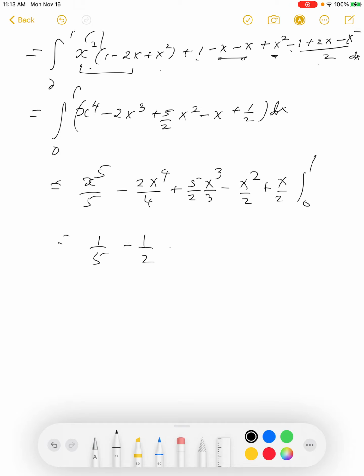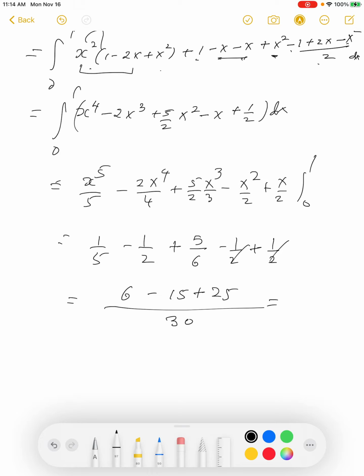So it's 1/5 minus 1/2 plus 5 over 6 minus 1/2 plus 1/2. So this cancels and you will be left with 16 by 30 or something like that.